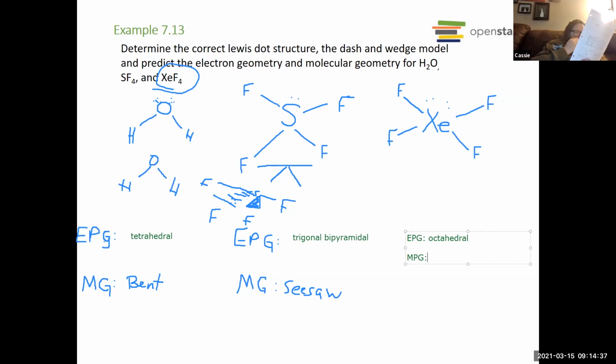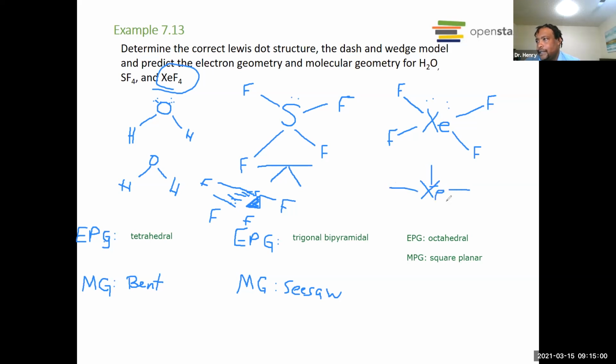Square planar. Okay. So then the structure is going to look like this. Simplest way to draw it would be one plane. That's being lazy.